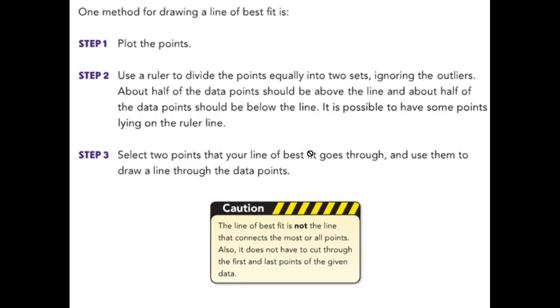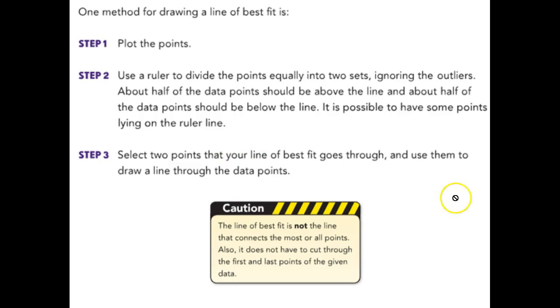Step 1, plot the points. That's the step you did all last class. Step 2, use a ruler to divide the points equally into 2 sets. So you kind of set the ruler down, and you try to keep about half the points above the line. This is not an exact science, but roughly half the points above the line and half below the line, and it's okay to have some of the points on your line.